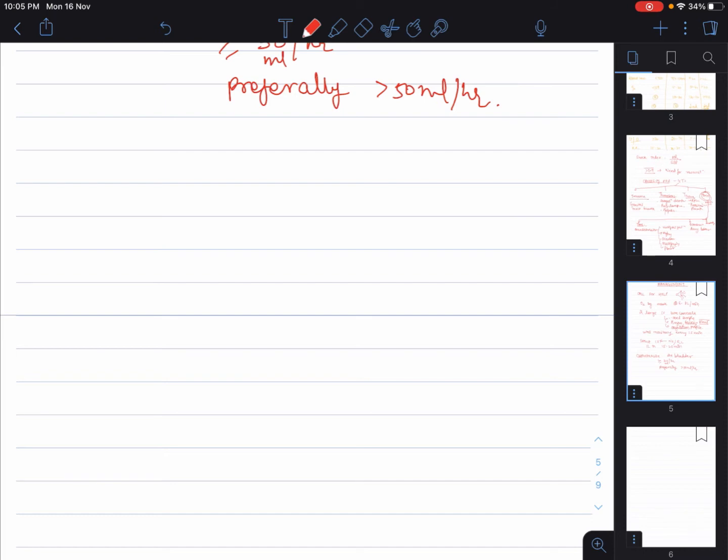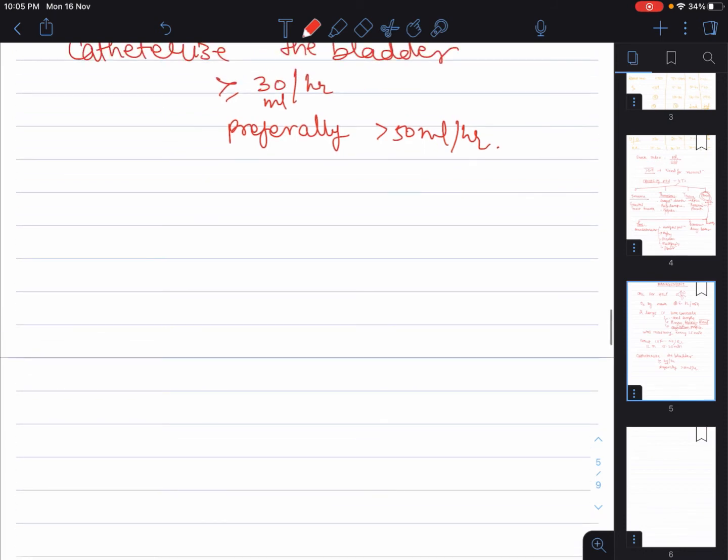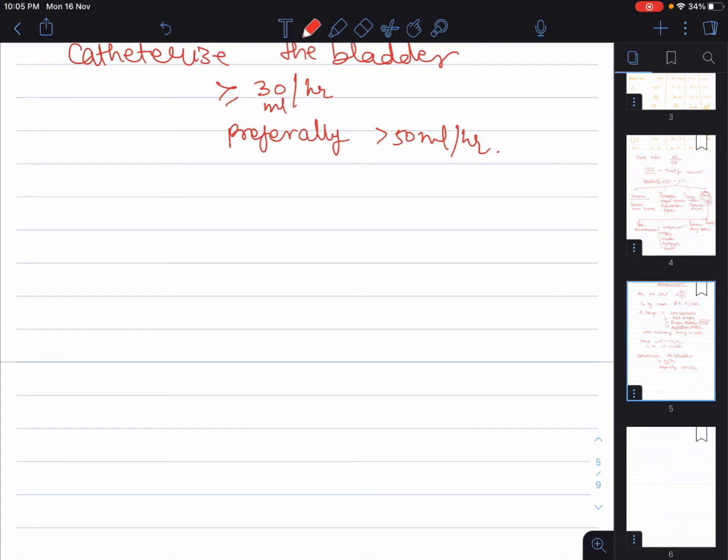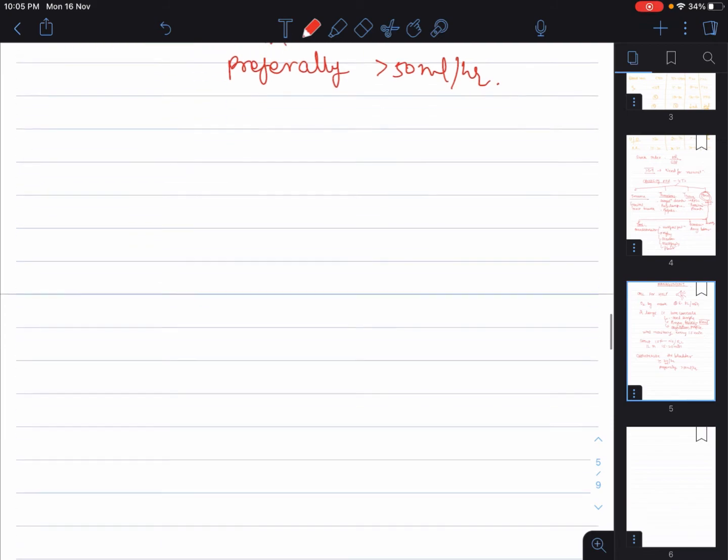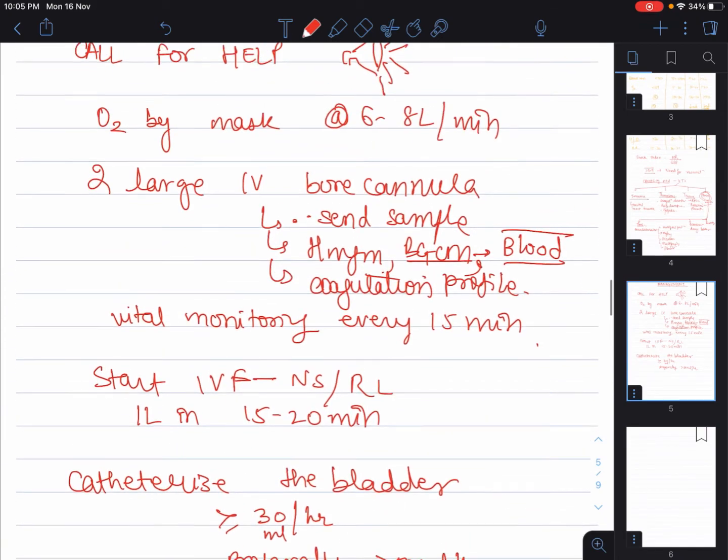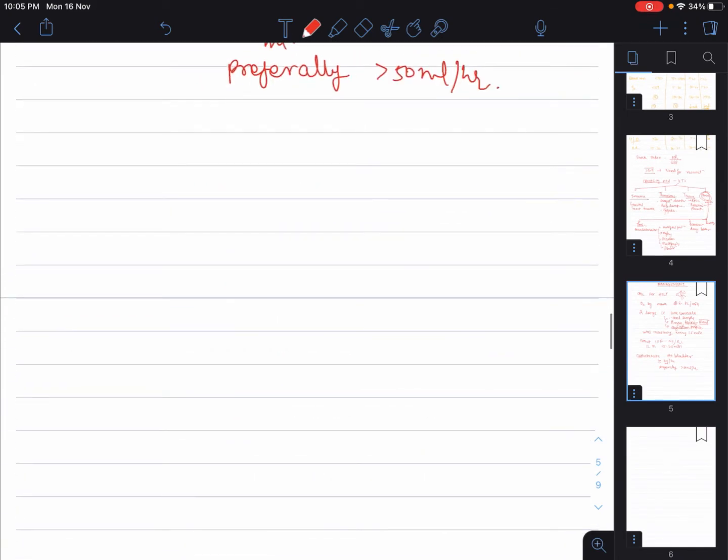Besides this, you need to keep monitoring the patient and keep checking that she is conscious, she is cooperating. You have to reassure her, and you also have to start your drugs now, right? Very important in this is your uterotonics.